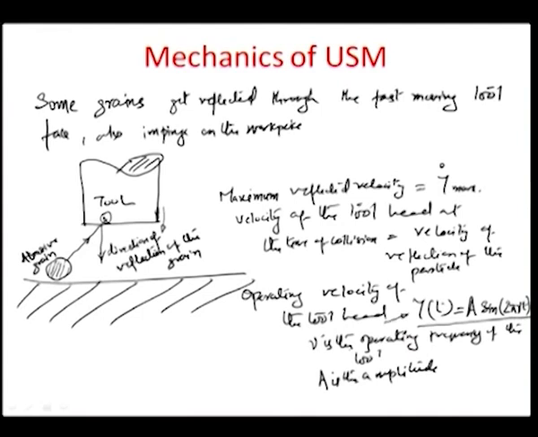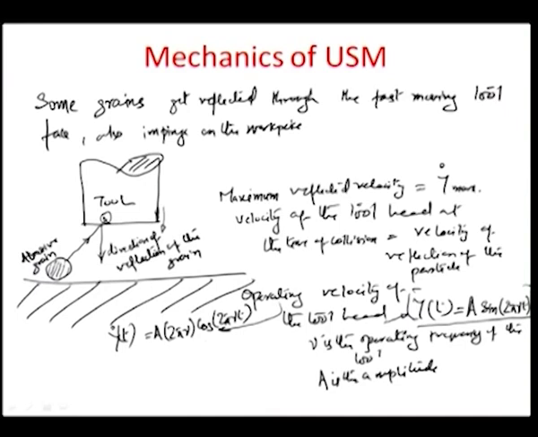Okay. So the operating velocity of the tool head would be dependent on this equation of motion here, and so operating velocity can be written down as y dot t, the first differential of y with respect to time, which is equal to a times twice pi nu times cosine twice pi nu t. Okay.